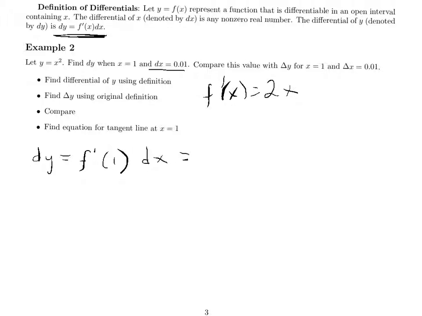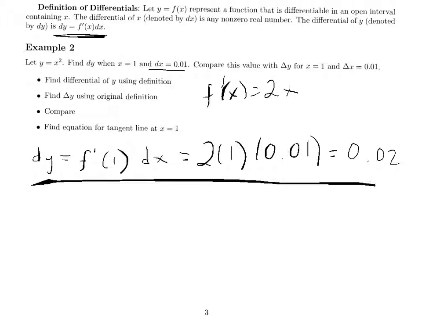The derivative of x squared is 2x, so if we plug in 2 times 1 times 0.01, what do we get? 0.02. You got it. That is our differential, and again, this is based on our linear approximation.